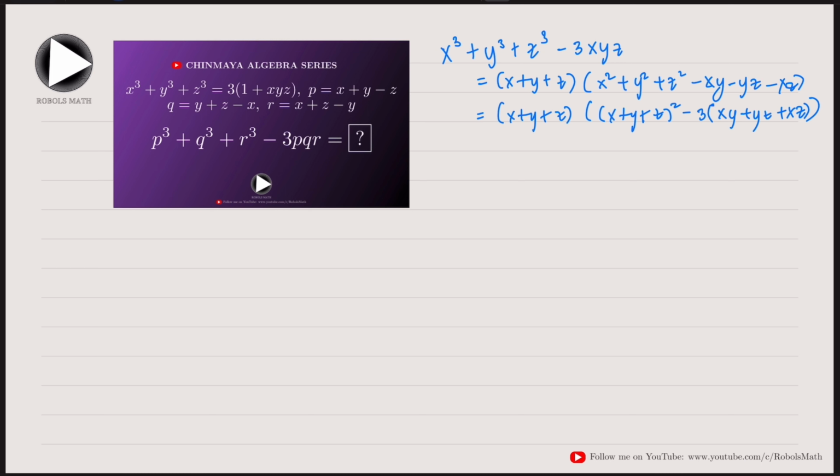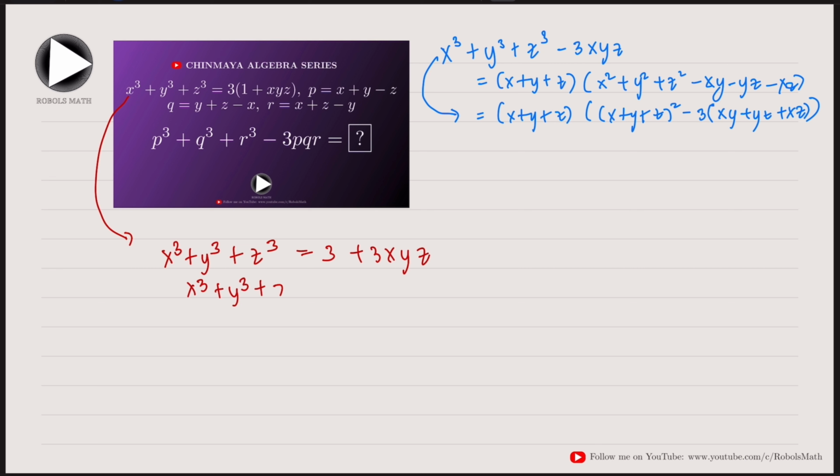So this expression is equivalent to this expression, which means that if we look at the first given equation, that's x cubed plus y cubed plus z cubed equals 3 plus 3xyz, we can put the 3xyz on the left side to make it x cubed plus y cubed plus z cubed minus 3xyz equals 3.